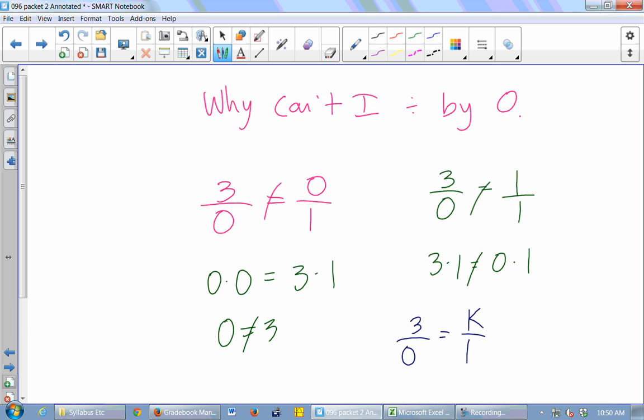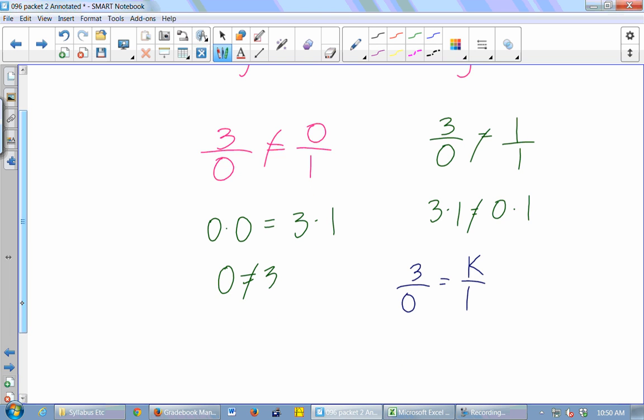Cross multiply that and you get 3 times 1 has to equal 0 times k. Is that possible? No, no matter what I pick for k, that equation will never be true. So there is no number that you could divide by 0 and get as the answer. Just can't work. So we call that undefined.